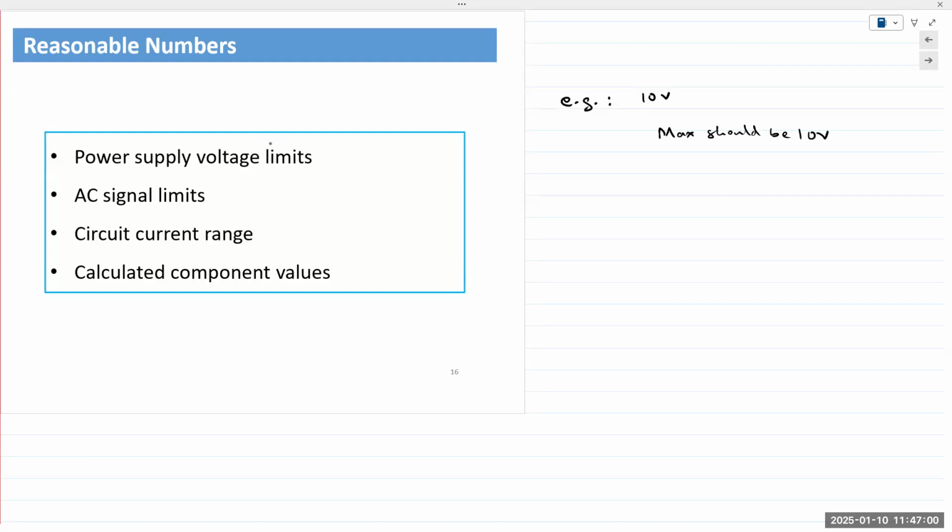There's AC signal limits, the same thing. Circuit current range, the same thing. If a source or a supply is supplying only like 1 amp, or 10 milliamps for that matter, whatever the number is, your answers cannot exceed that limit. There's very few instances where that can happen.